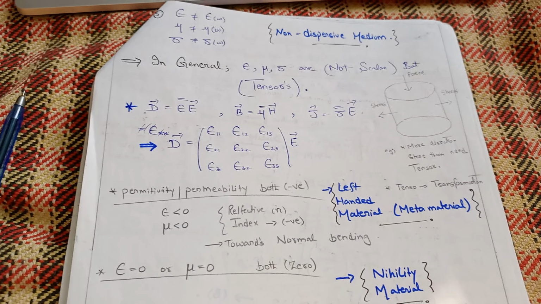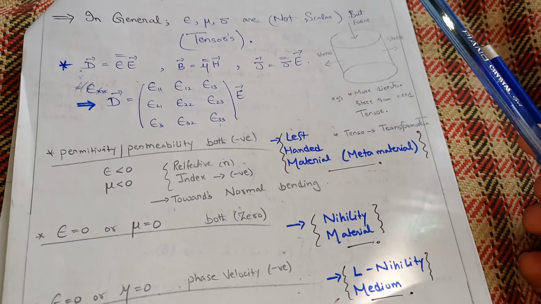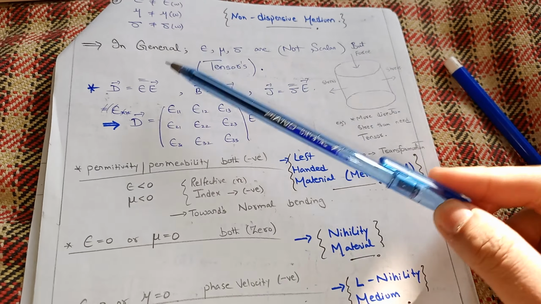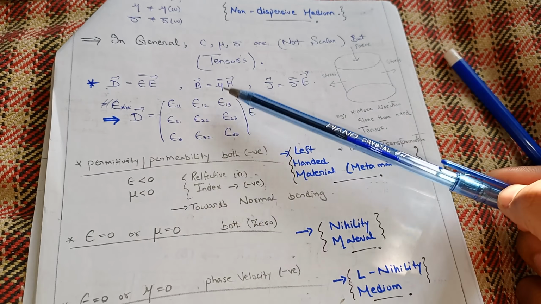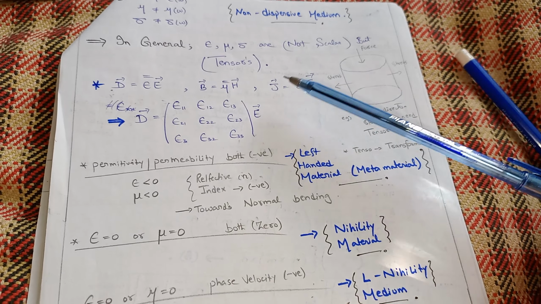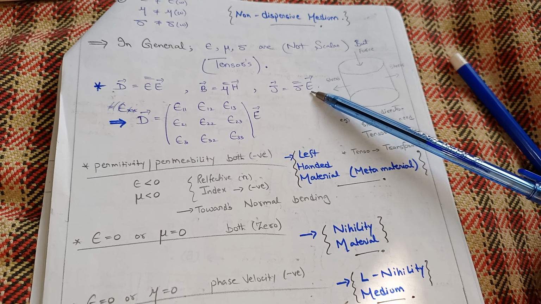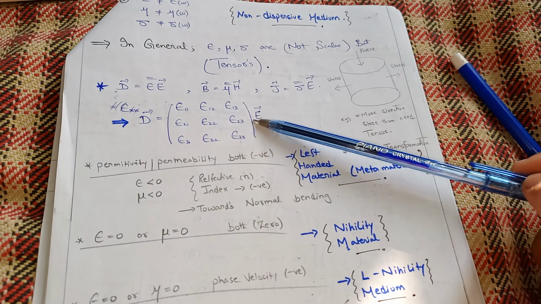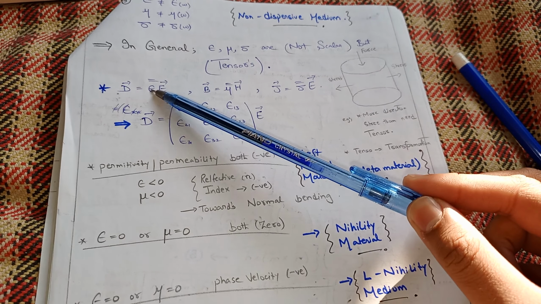So these are called tensors, and in the case of tensors, your constitutive parameters are replaced by these, where D equals epsilon double bar E, B equals mu double bar H, and J equals sigma double bar E. And you can rewrite the tensors in matrix form like this. Let's suppose you are writing the tensor form of this.